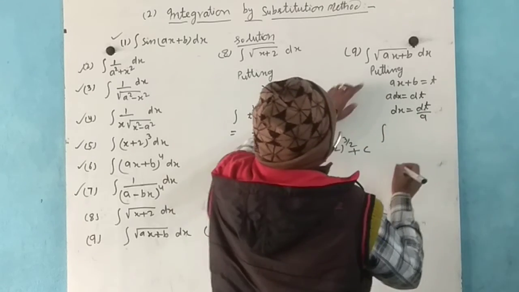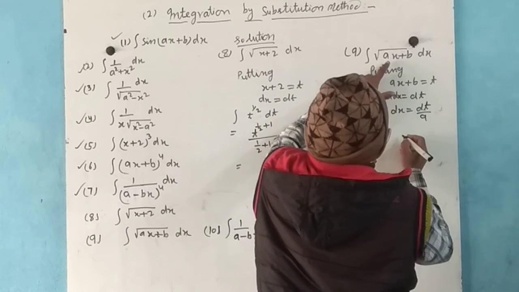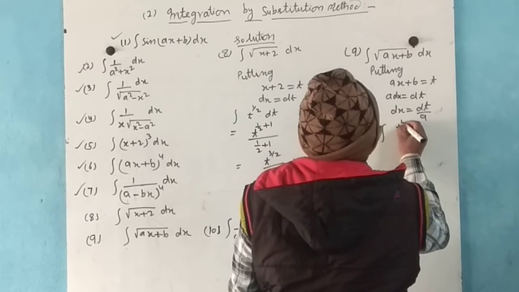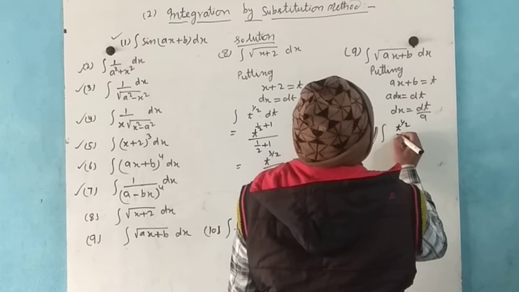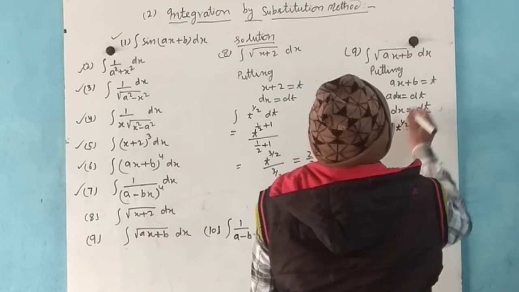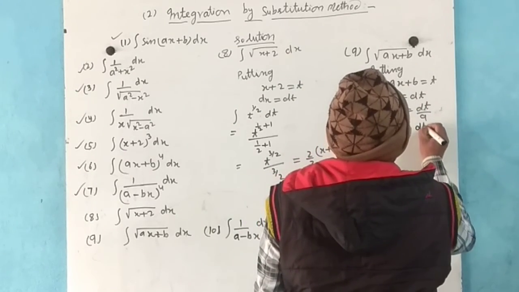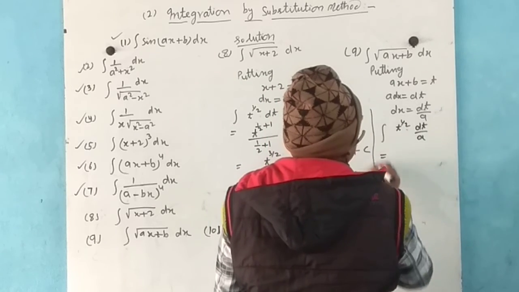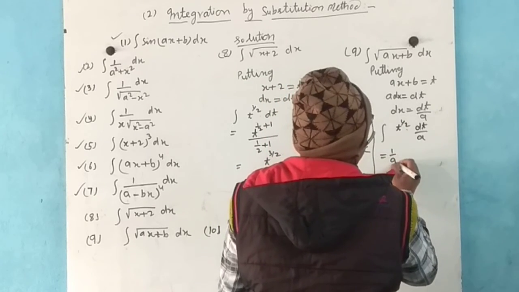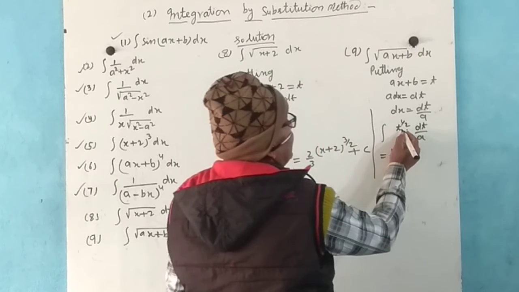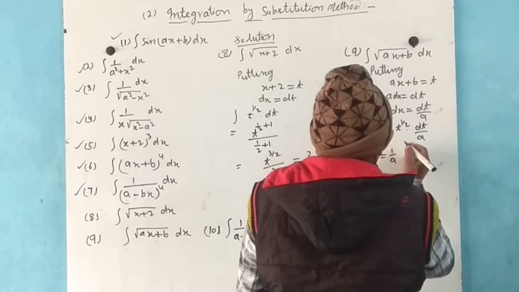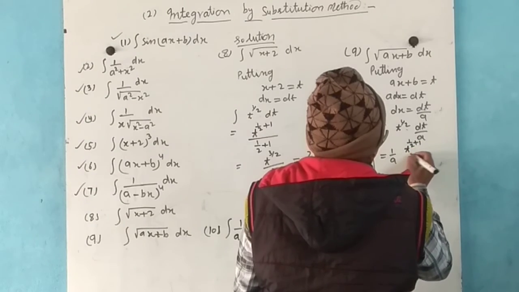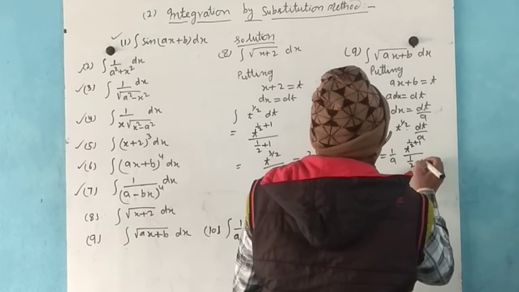Now here ax plus b equal to t to the power half, into dx equal to dt by a, so 1 by a comes here, and integration of this is t to the power half plus 1 divided by half plus 1.